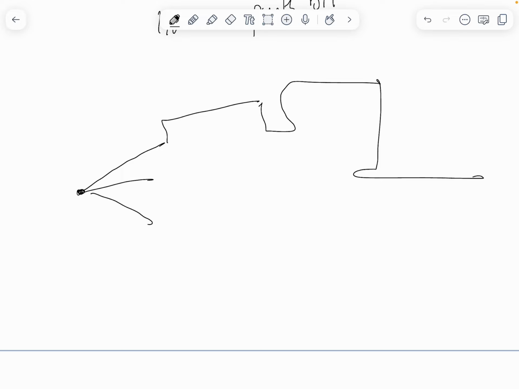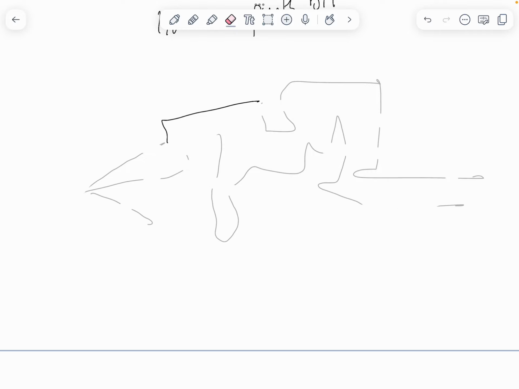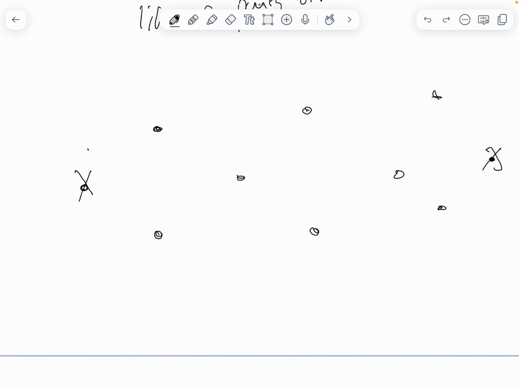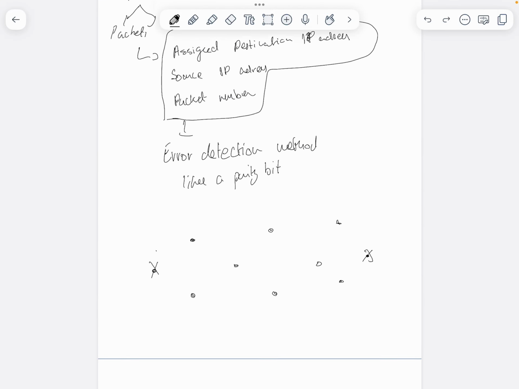Essentially, assume all these dots are routers, and the X's represent the source IP address and the destination.